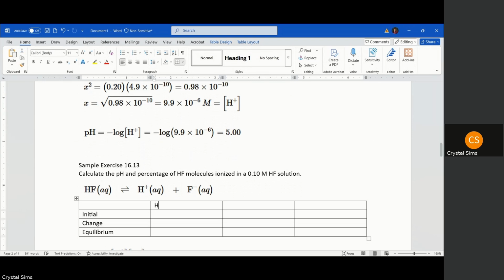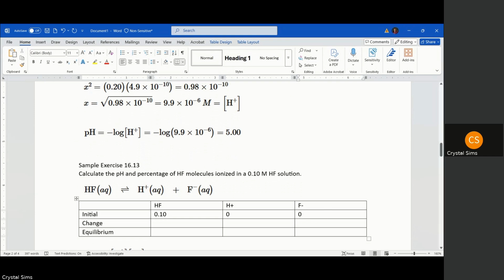So let's plug in everything. I know from the problem, my initial concentration of HF is 0.10, and both my hydrogen and my fluoride are 0.